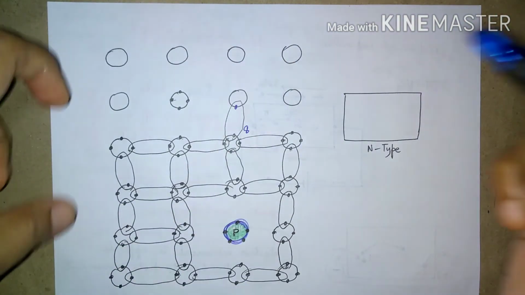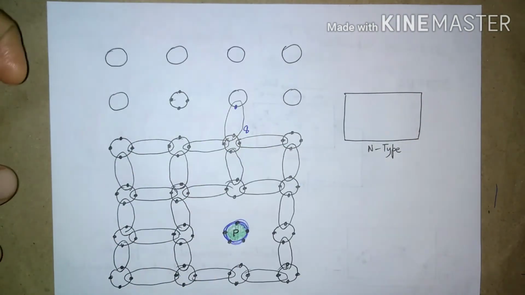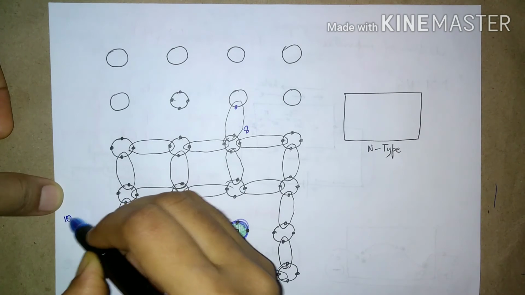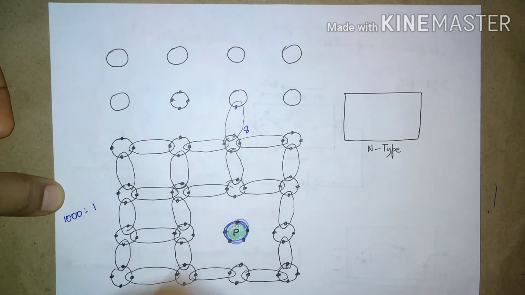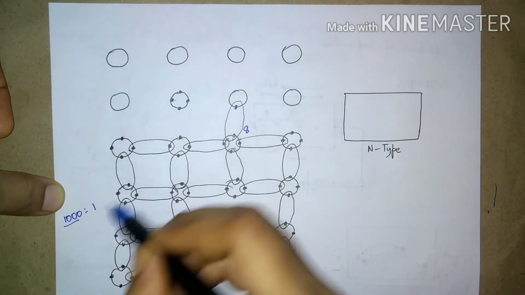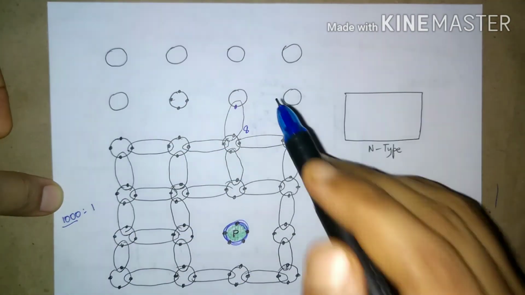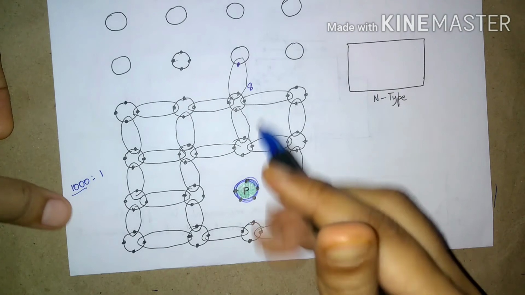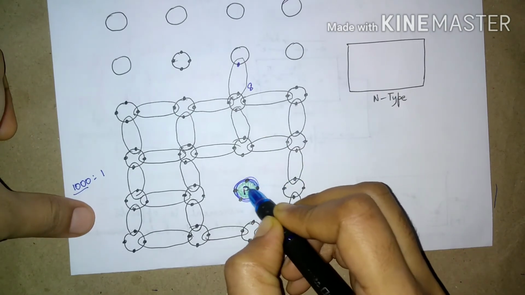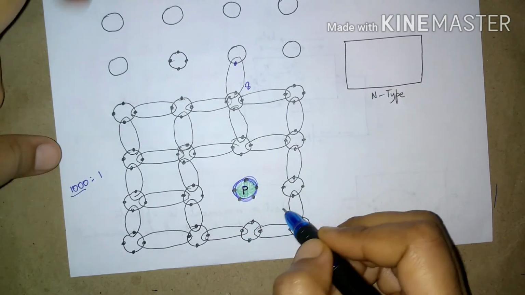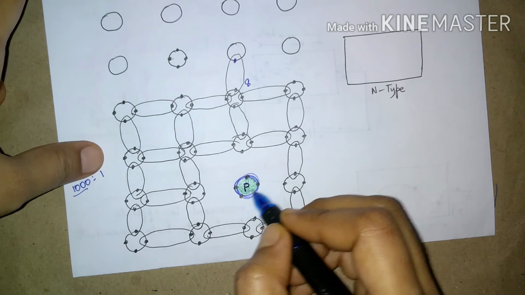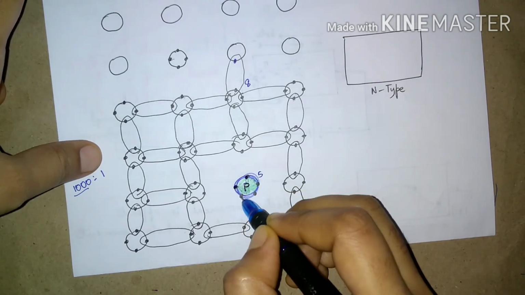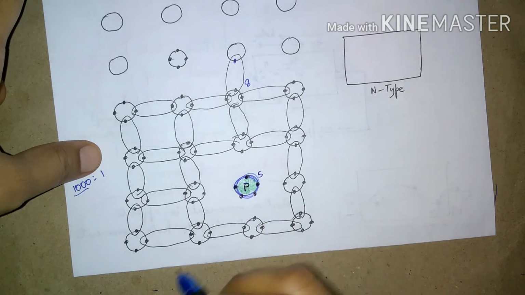But now with the doping concentration in mind, if my doping concentration is 1000:1, for 1000 such silicon atoms we are introducing one phosphorus, let's say. Phosphorus has 5 valence electrons: 1, 2, 3, 4, 5.